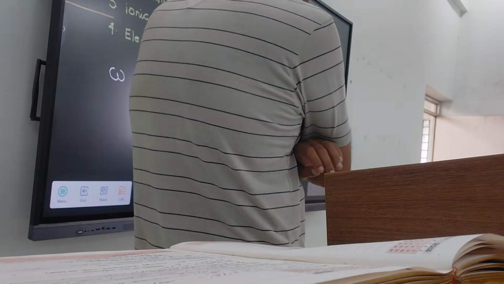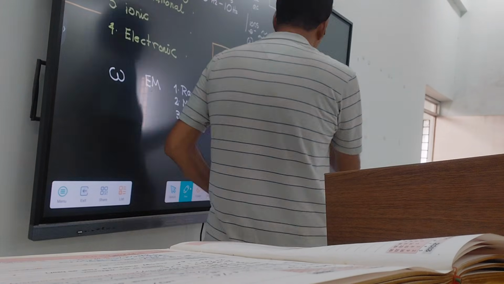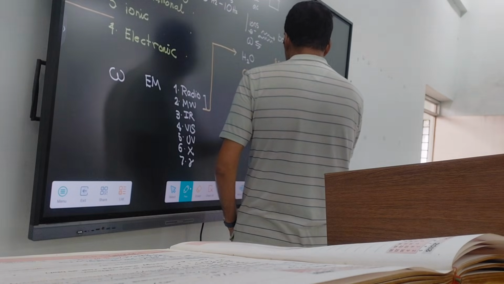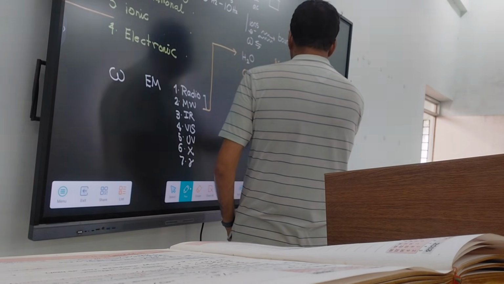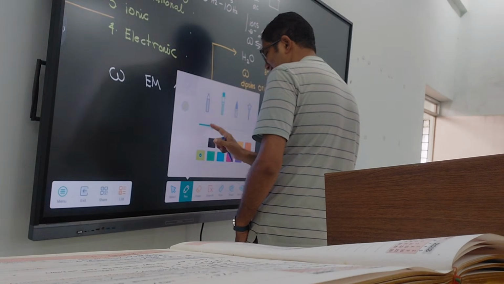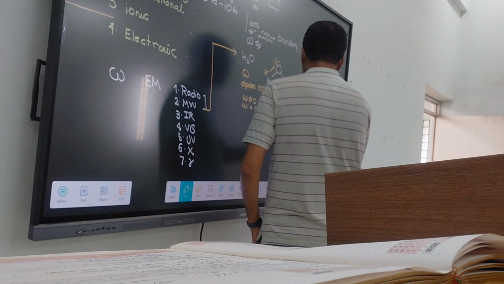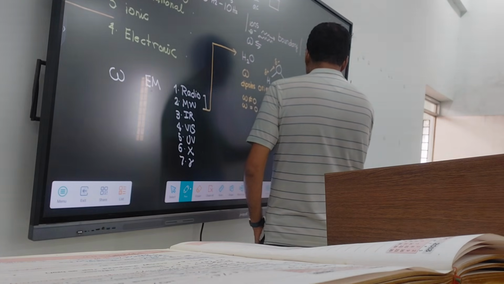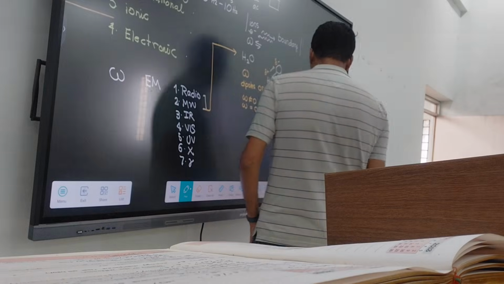Molecule comes back in the random state, and the time taken for the molecule to come back to its random state is tau. This tau is called the relaxation time.